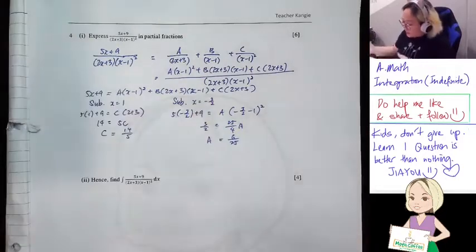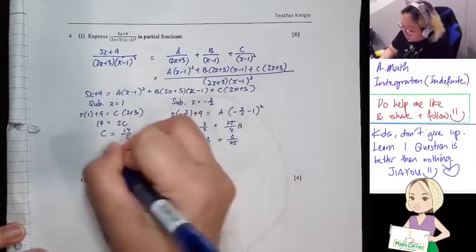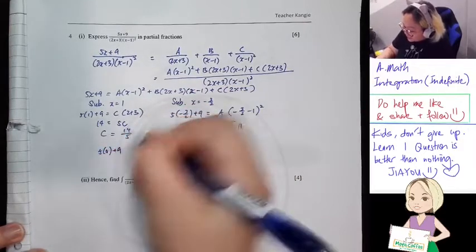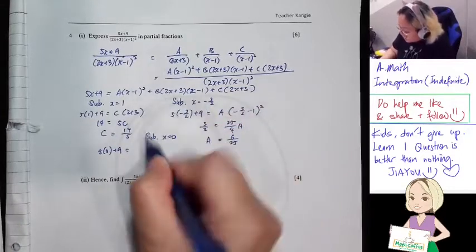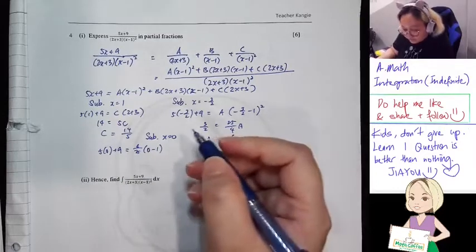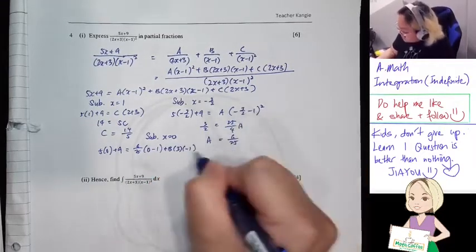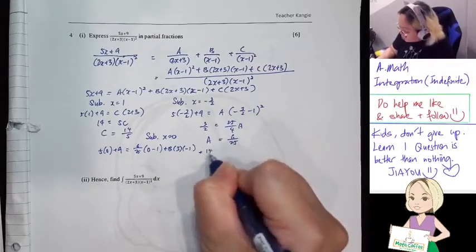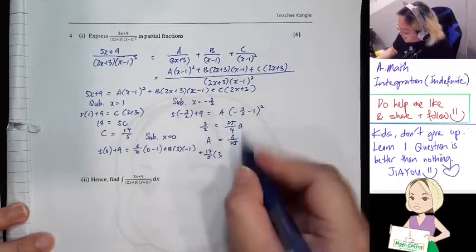So now I'm going to sub in x equals 0. Let's sub in x equals 0. So I will have 5(0) + 9 equals 6 over 25 (0 - 1), plus B(3 - 1), plus 14 over 5(3).